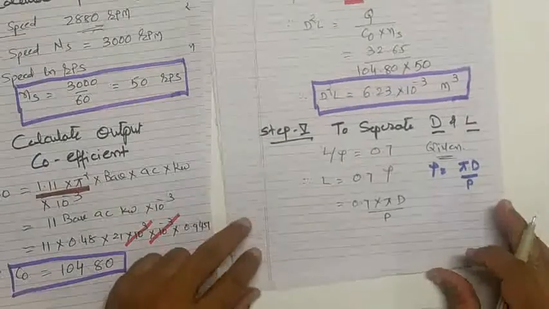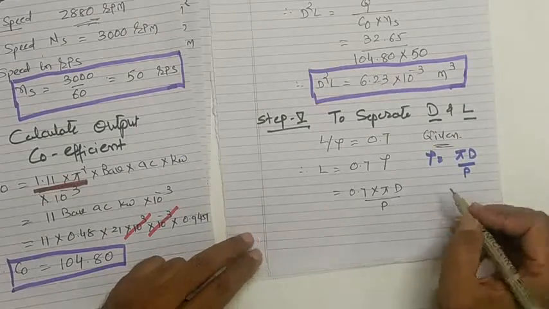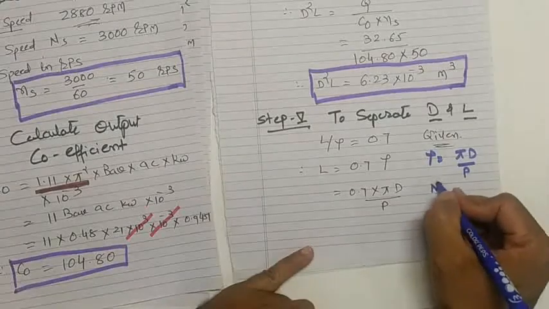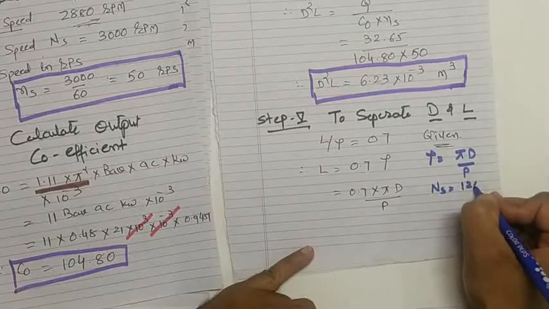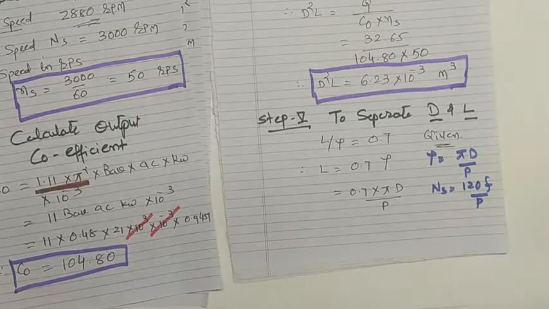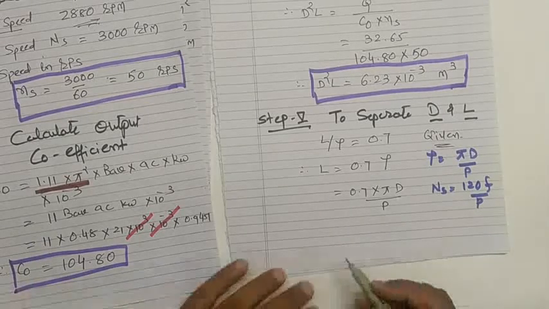Now for 3000 rpm, we know that the number of poles is equal to 2. If you don't know, then you again use the equation 120 F by P. So for 3000 rpm, the number of poles is 2.